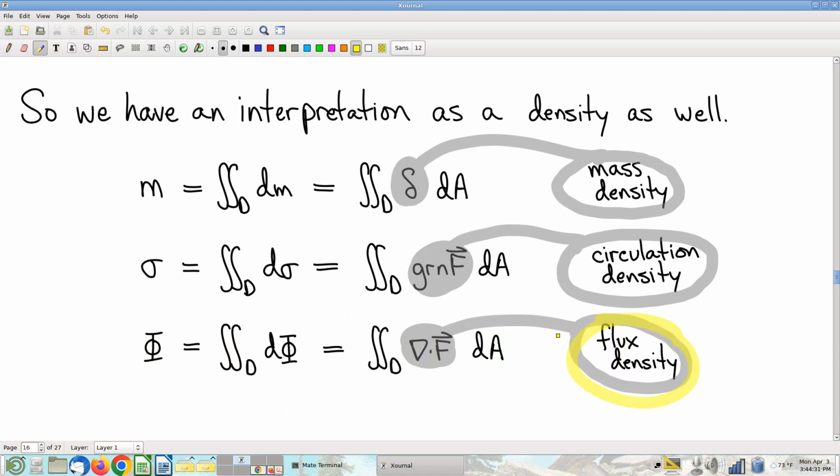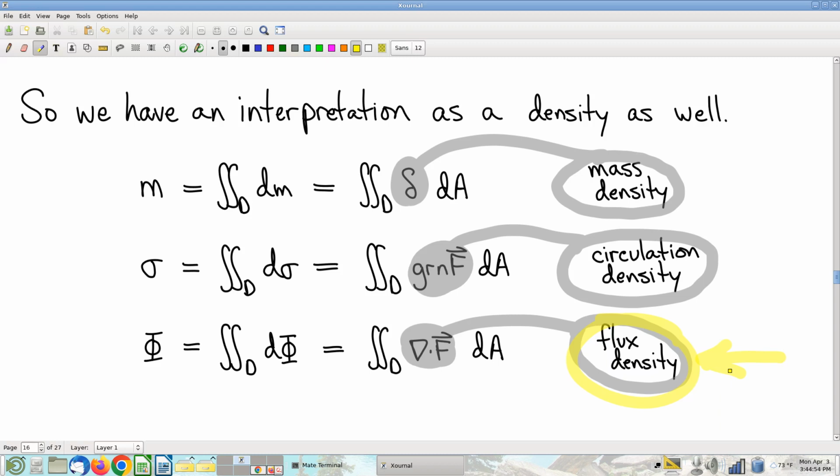Now, just as a little cultural note, this term flux density is not rare. It's extremely common. In fact, when I was an undergraduate second major in physics, from my memory at least, I heard my physics professors say the term flux density more than I heard them say the word divergence. Very common terminology.